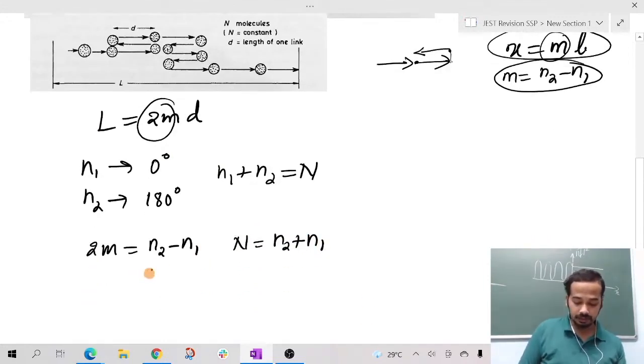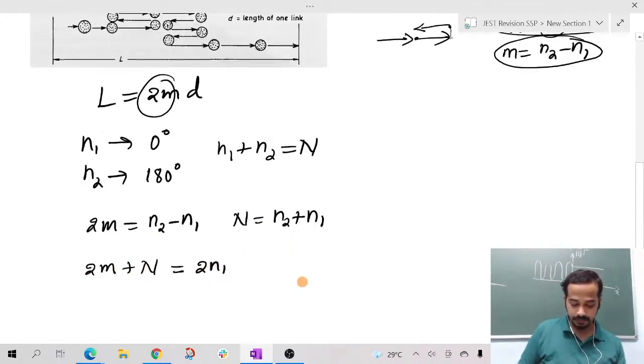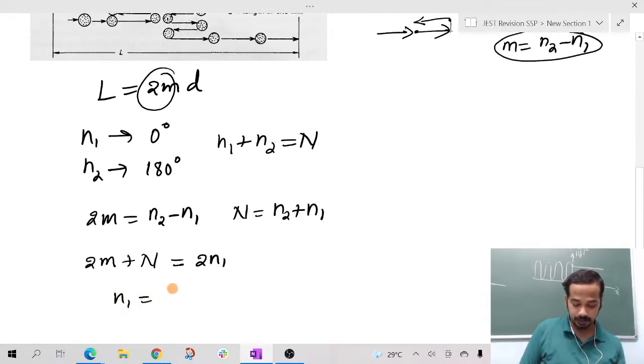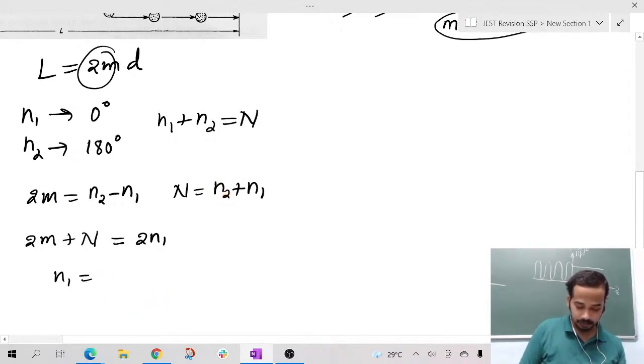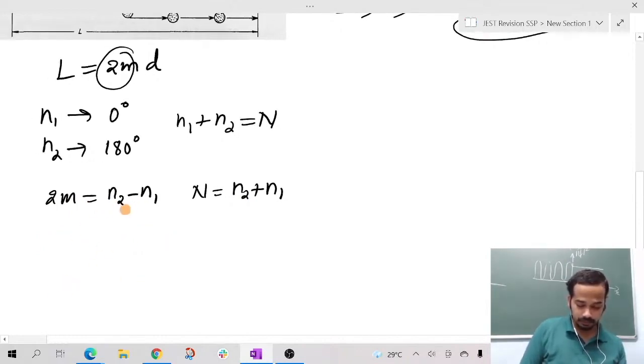From these two equations, can you solve for n1 and n2? When you add these two equations, what would happen? 2m plus n is equal to 2n2, since n1 gets cancelled. So n2 is equal to n plus 2m, whole divided by 2.